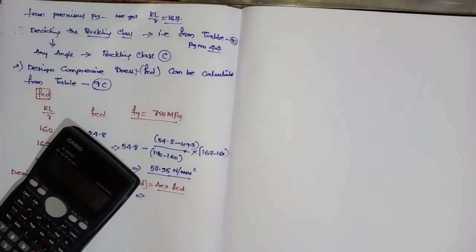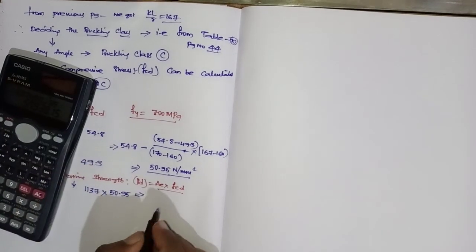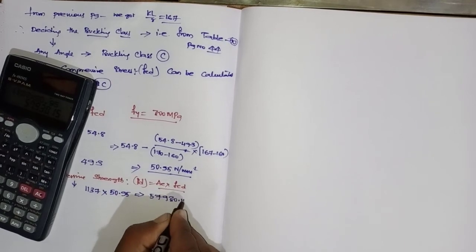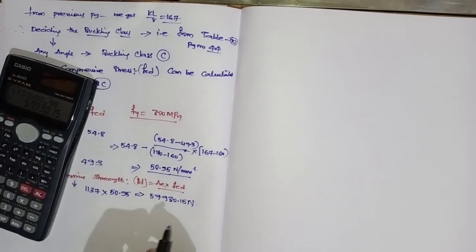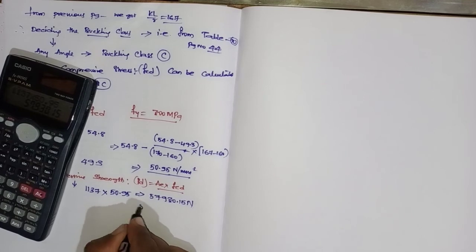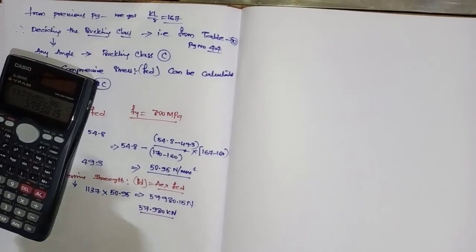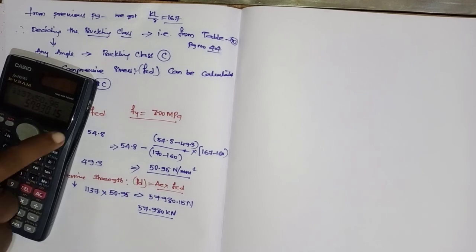Okay, so 1137 into 50.95. How much are you getting? 57,930.15 newtons or 57.930 kilo newtons, I think. Yes, so this is the problem.